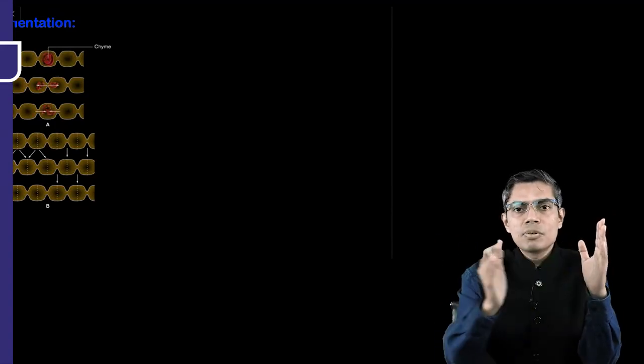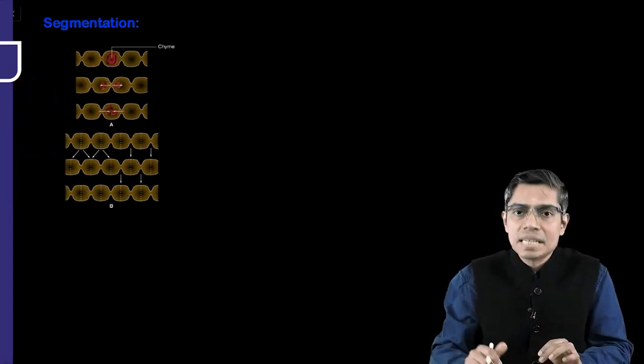Segmentation movement means within a part or segment of the GIT, the food bolus will move to and fro, like the pendulum of a clock, but there will be no net movement of food particles from one part to another part of the GIT. The food will remain within the same segment of the GIT. That's why within the same segment, the motility or movement is known as segmental motility or segmentation.